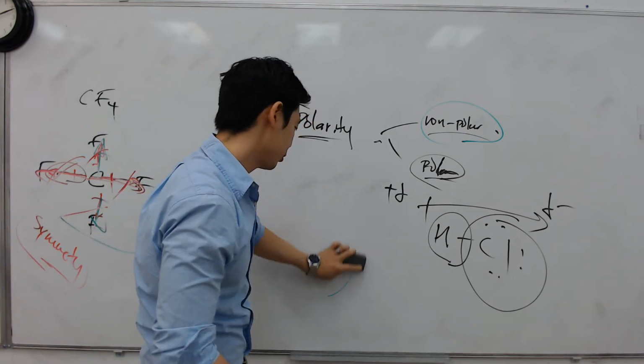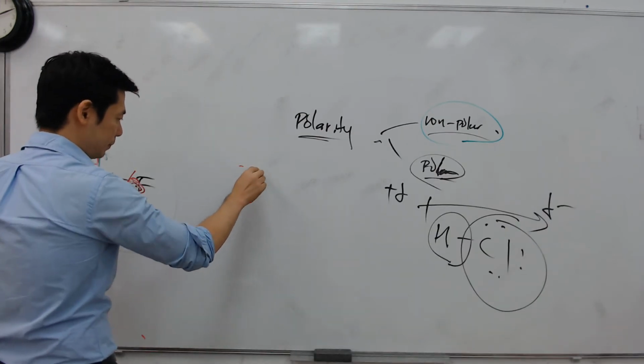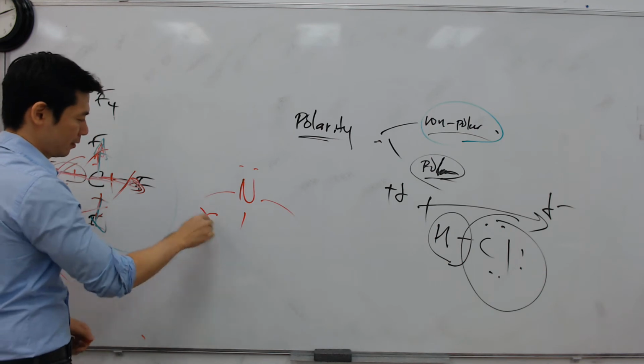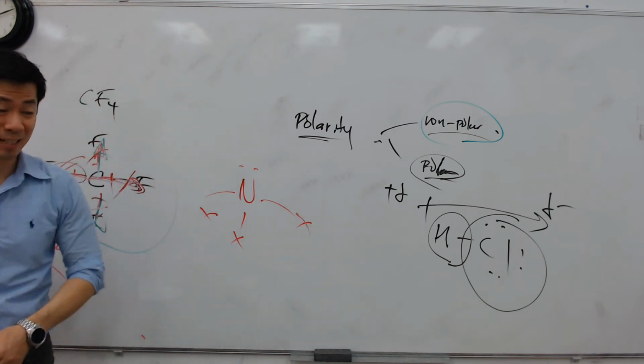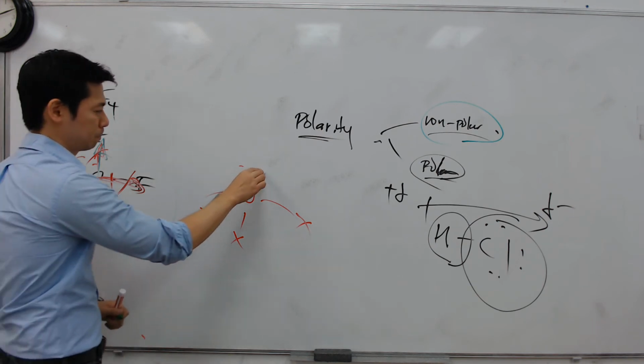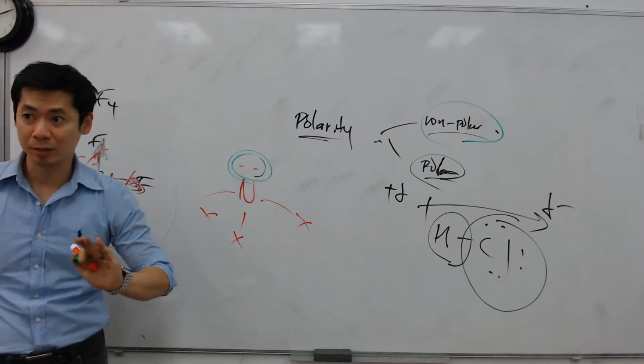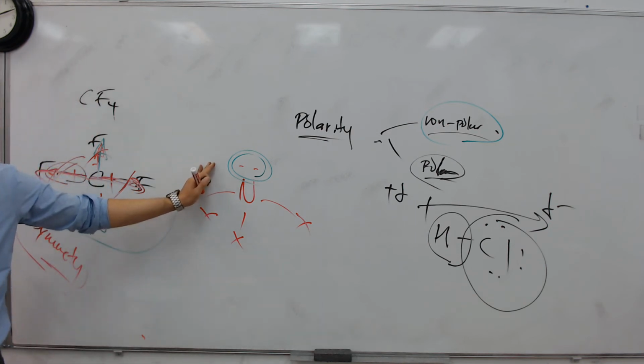And one thing to know, guys: typically, if the central atom has a lone pair, 99% of the time this is a polar molecule, asymmetrical.